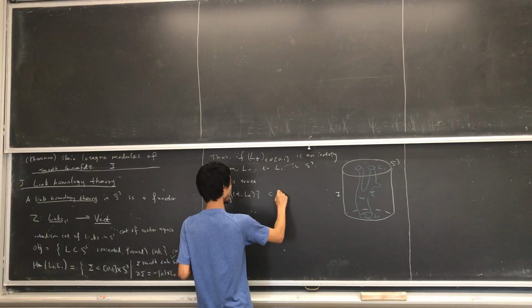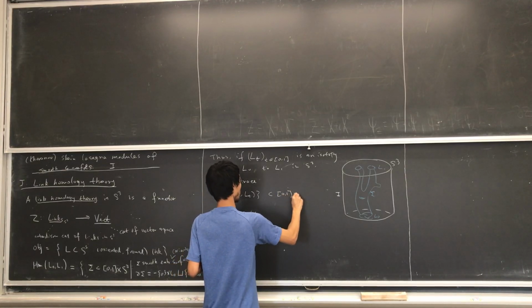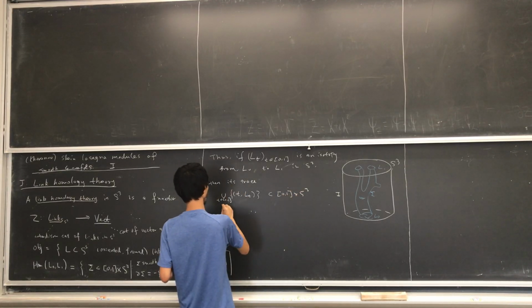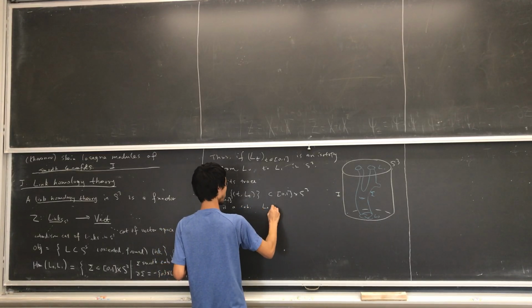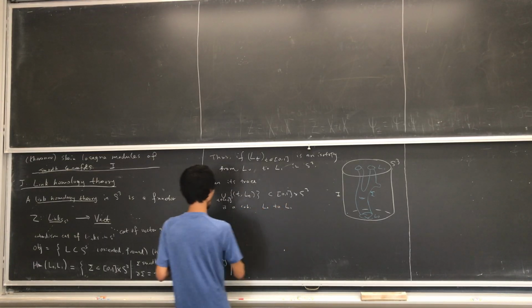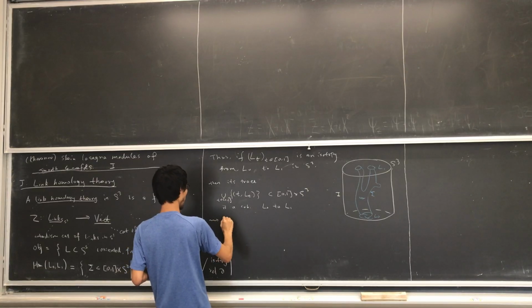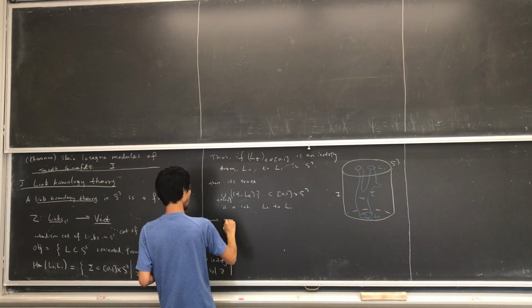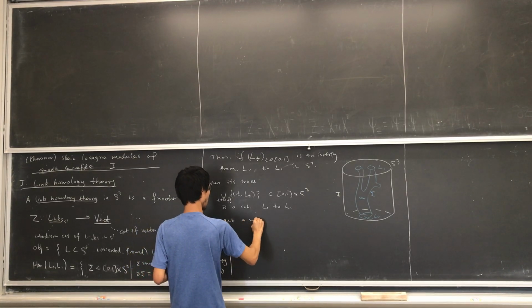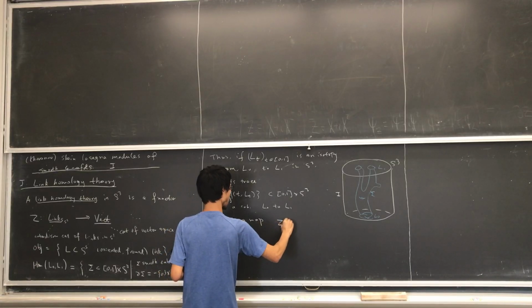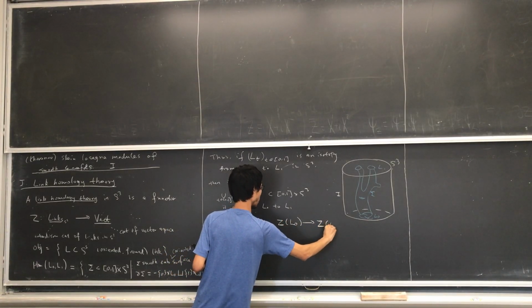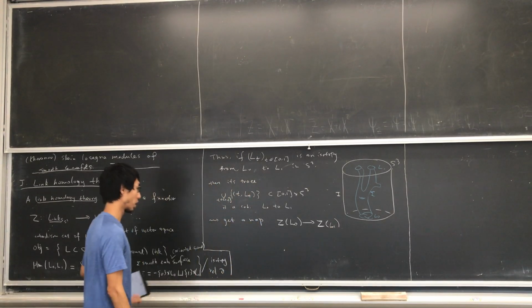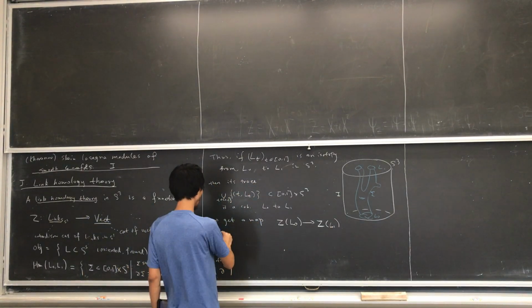This is a cobordism from L0 to L1. Therefore, it induces a map from the homology of L0 to the homology of L1. And this is actually an isomorphism.